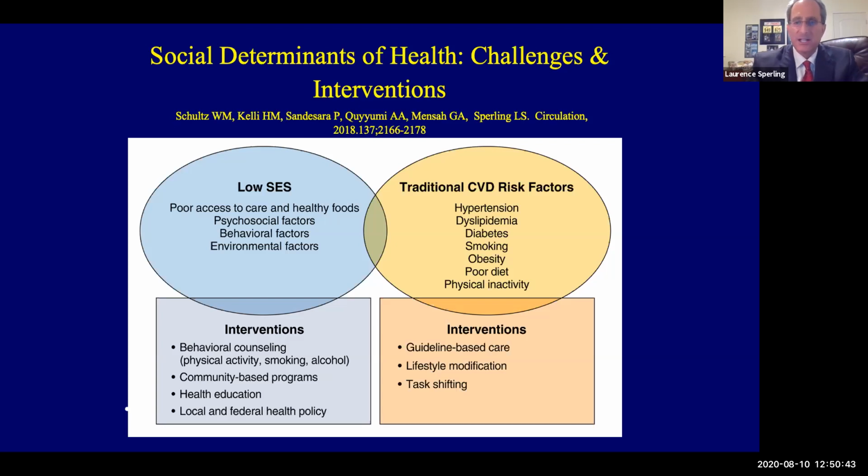This central illustration highlights that although we often talk about addressing traditional cardiovascular risk factors, which all of you know very well, and certainly are the tenets of those ABCs, but really as we address social determinants of health, we need to think very differently and act very differently as we focus on access to care, healthy foods, psychosocial, behavioral, and environmental factors. Next slide.